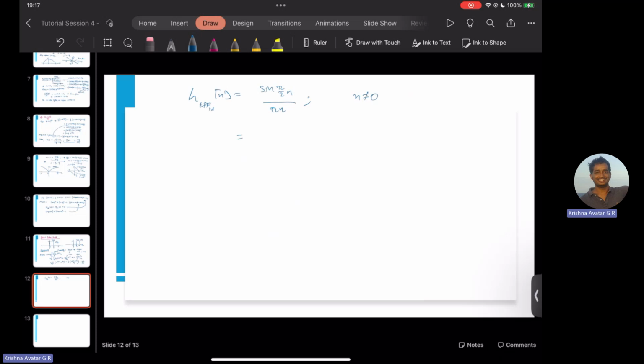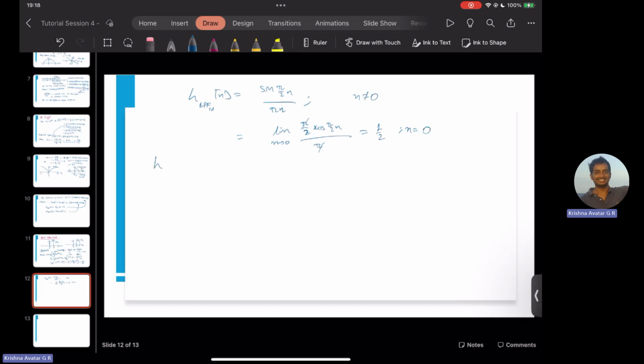If n is equal to 0, then we need to determine a limiting case. As n tends to 0, you have to use L'Hopital's rule, and then you have pi by 2 cosine pi by 2n divided by just pi. Pi cancels out, then you can just put n equal to 0, and lo and behold, you have just half. So half is for n equal to 0.